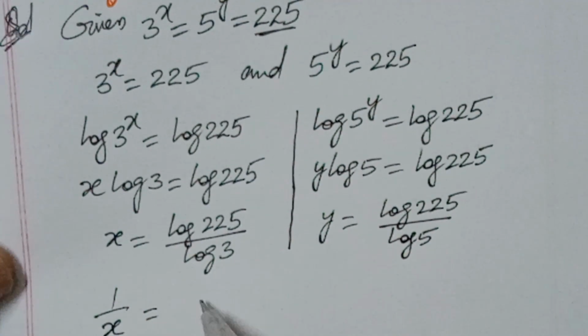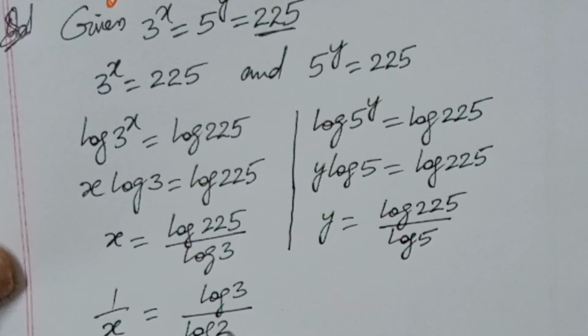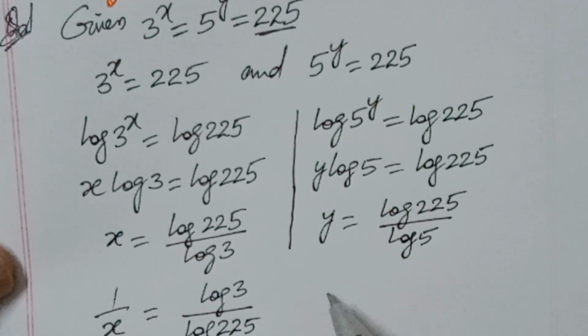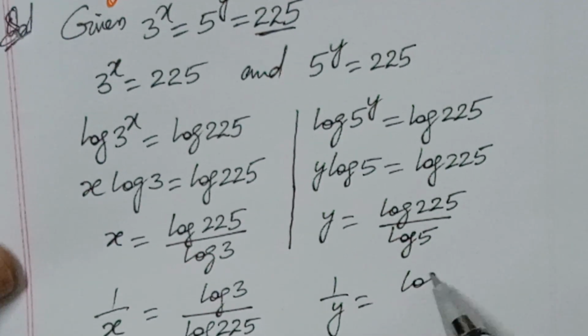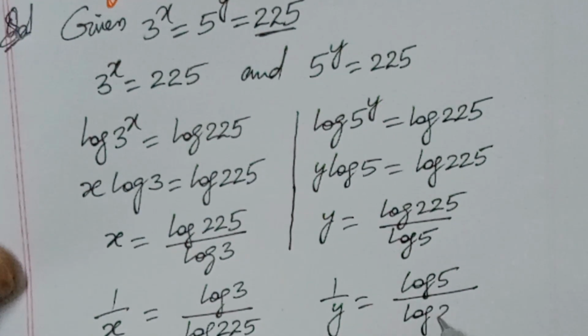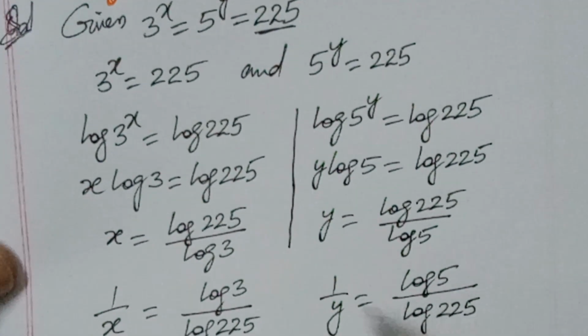So 1 by x is equal to the reciprocal of this, log 3 by log 225. So 1 by y value is log 5 by log 225.